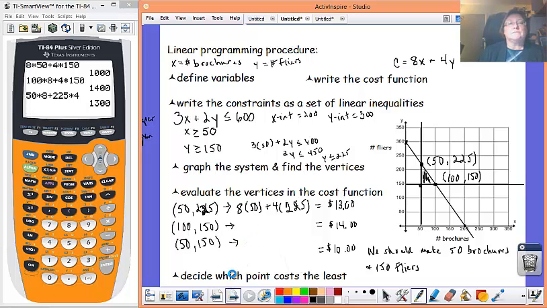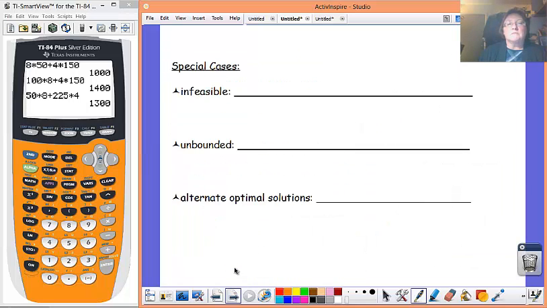Let's go on, because I just want to talk a little bit about the possibilities that could happen when you're doing this linear programming. It could be possible that you would get a system that's called infeasible. That means there are no points that satisfy every constraint.